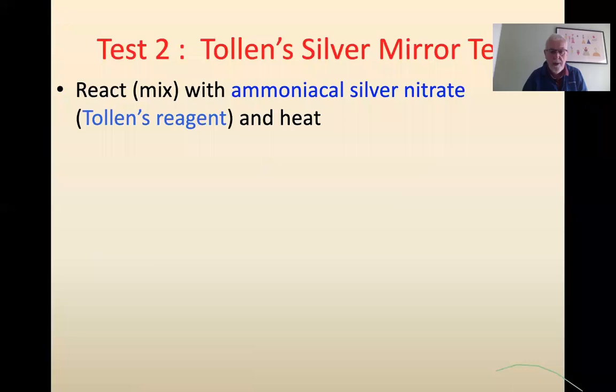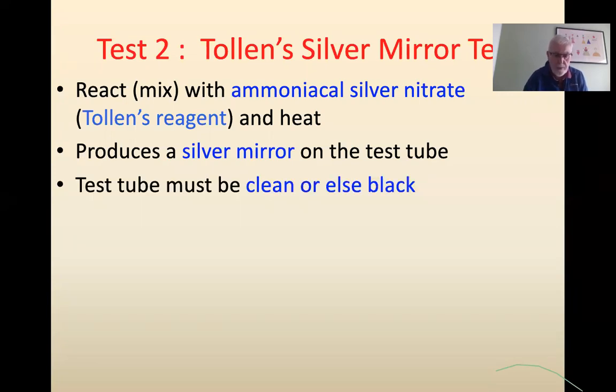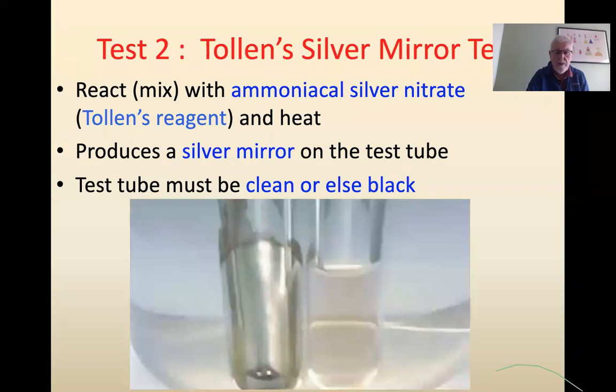You can call it either ammoniacal silver nitrate or Tollen's reagent. And when you do that, it produces a silver mirror on the inside of the test tube. The test tube must be absolutely clean, or else instead of getting silvery silver, you'll get silver oxide, black silver. You can see up here at the top, it's actually slightly oxidized there.